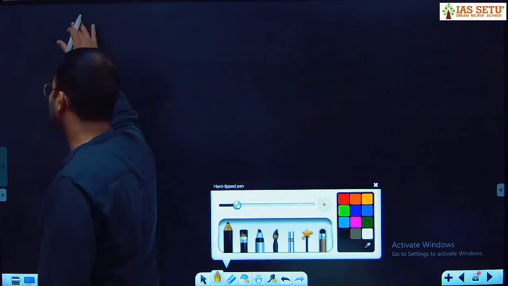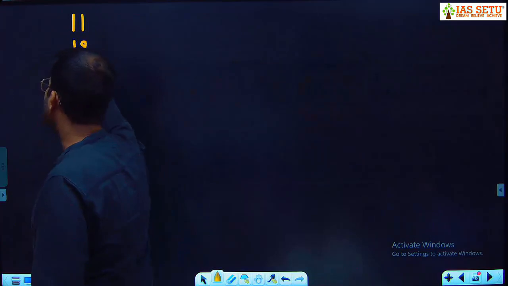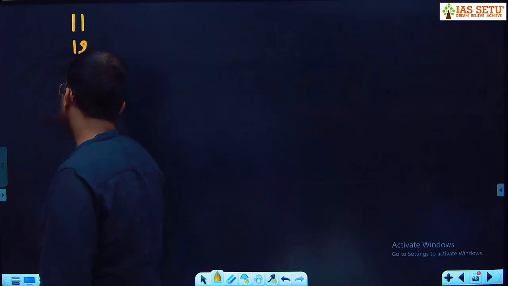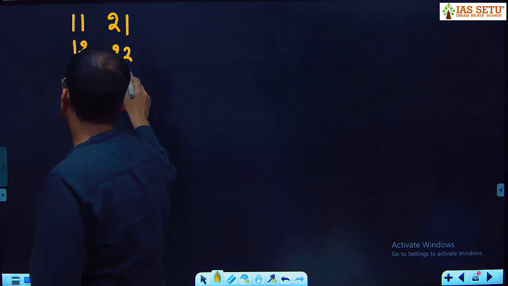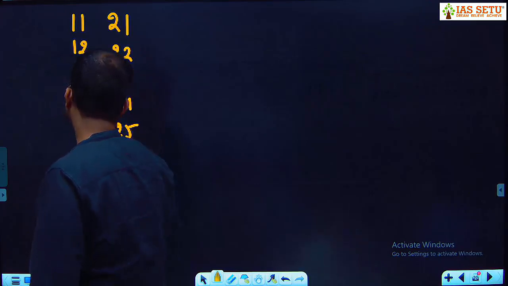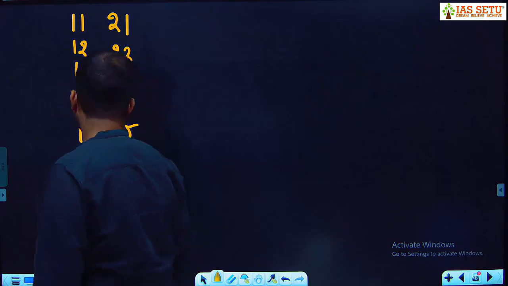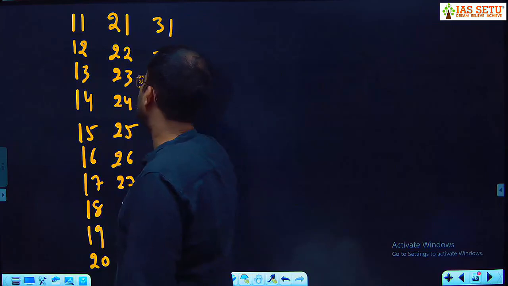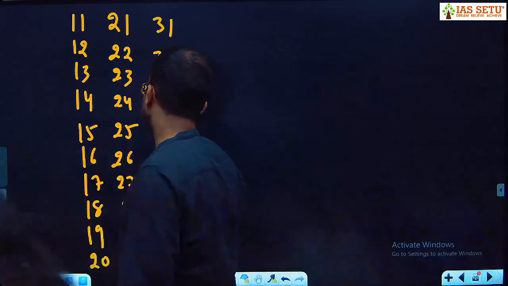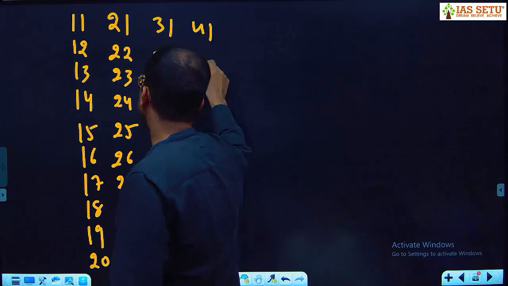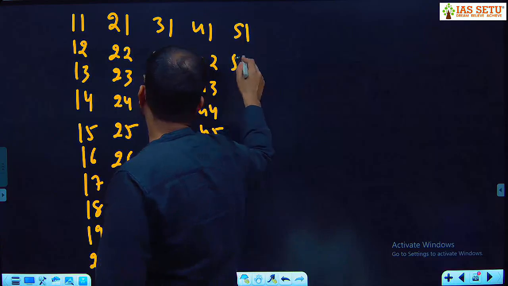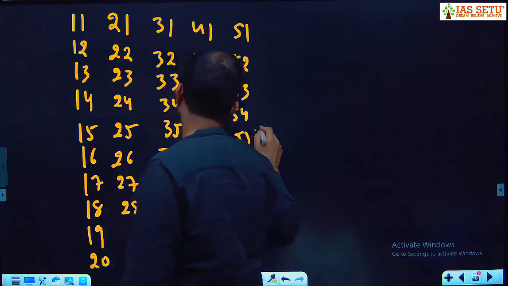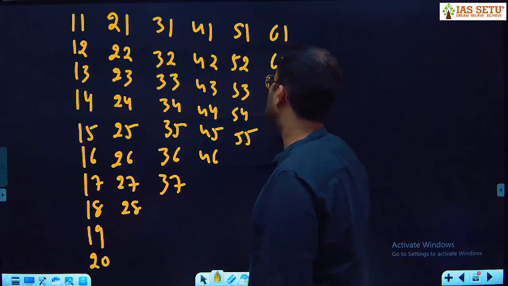I write a table from 11. थोड़ा sequence बन जाएगा. 11, 12, 13, 14, 15, 16, 17, 18, 19, 21, 22, 23, 24, 25, 26, 27, 28, and so on. 31, 32, 33, 34, 35, 36, and so on. 41, 42, 43, 44, 45, 46, and so on. 51, 52, 53, 54, 55, 61, 62, 63, 64, and so on.